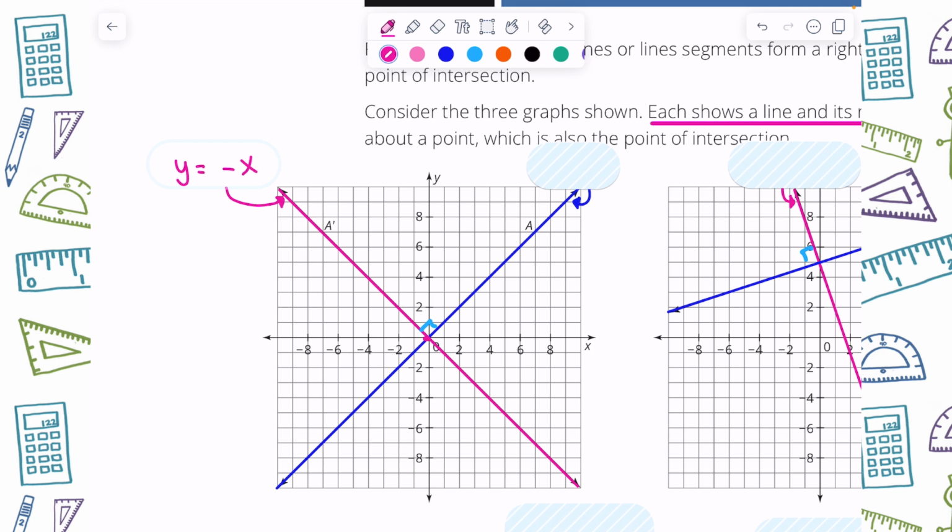For the blue line, you should have gotten the equation y equals x. Again, the y-intercept is the origin, 0, and then we went up 1 over 1 to get to the next point. So the slope would be 1 over 1, which is just 1.